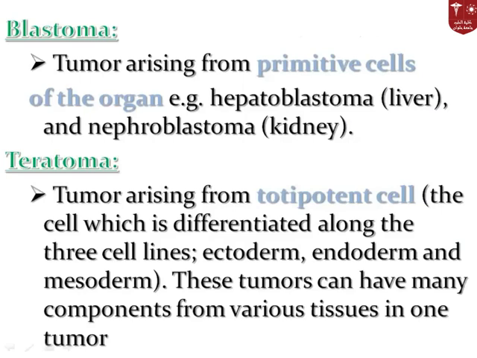Okay, continuing the nomenclature. The previous names were given to tumors that arise from mature body cells. Okay? However, sometimes tumors may arise from baby cells.